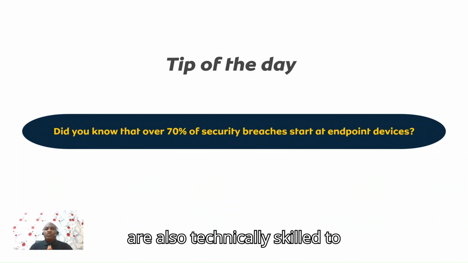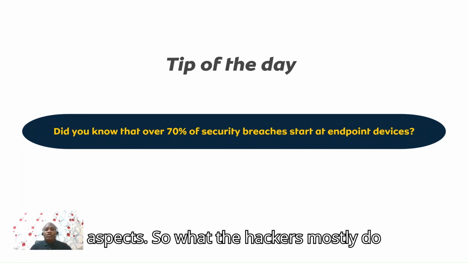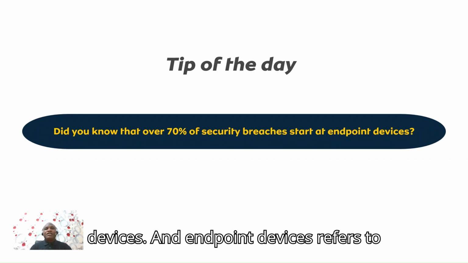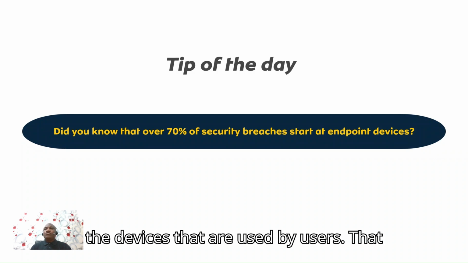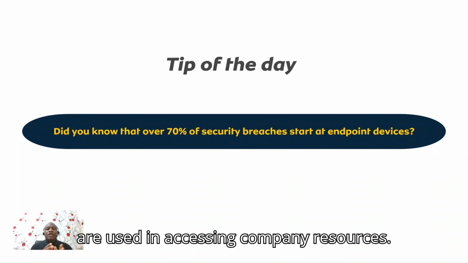They are also technically skilled to mitigate security breaches in those aspects. So what the hackers mostly do these days is to go through endpoint devices. And endpoint devices refers to the devices that are used by users. That is your laptop, your phones, your tablet that are used in accessing company resources.